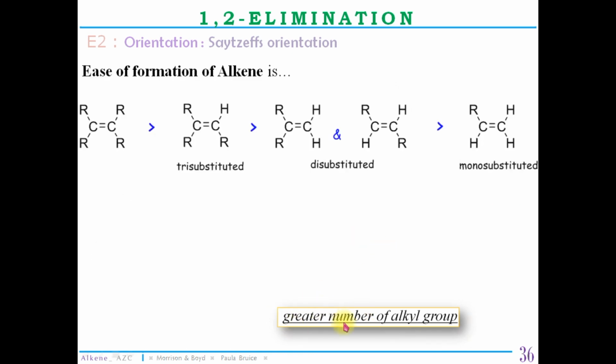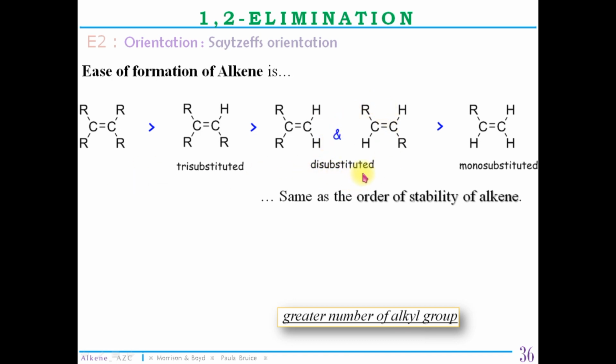Greater number of alkyl groups in alkene: we have monosubstituted, disubstituted, trisubstituted to tetrasubstituted alkene. So this is the ease of formation of alkene. If there is a chance of a reaction where trisubstituted and tetrasubstituted isomers are possible, at that time the tetrasubstituted alkene is preferred first. Similarly, if disubstituted and monosubstituted products can be formed, at that time the disubstituted alkene is preferred predominantly.